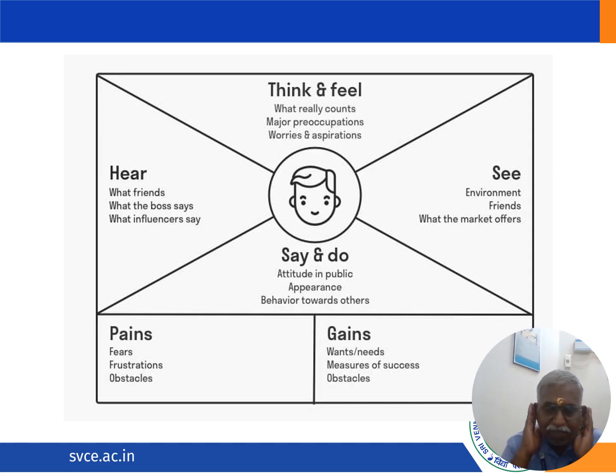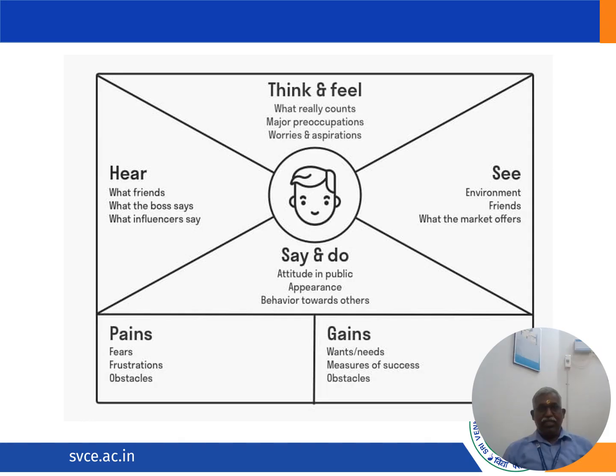First, hearing: friends, your boss, or influencer, the statement you hear, then thinking. Third one, seeing in the environment, how it is working, what the problem really is. Seeing is believing here, give more importance to seeing.